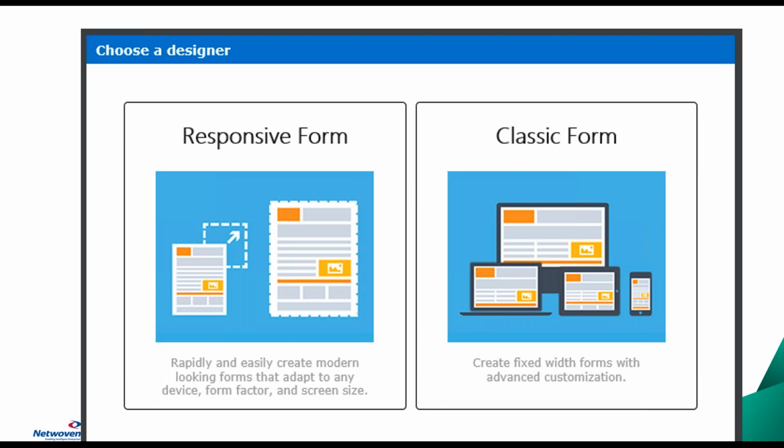This means the form realizes its constraints within the device it's displaying on. If it's a desktop, it'll show one way. If it's your phone, it doesn't matter what type of phone you have, it'll adapt to that device as well, which can be good and bad depending on when you're designing the form. You have to be a little bit conscious of how you're laying things out.